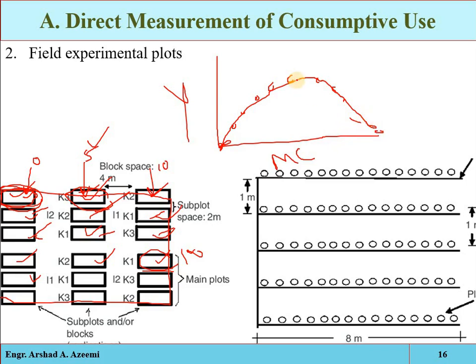So the moisture content at which the yield is maximum, this moisture content is applied to which block? For example, to this block. Now how much water you have supplied to this block throughout the season, that will be the consumptive use for the given crop at a given area in the given climatic condition.